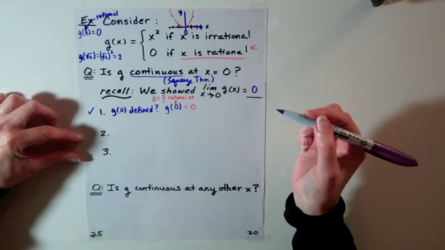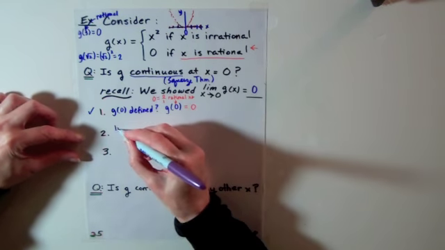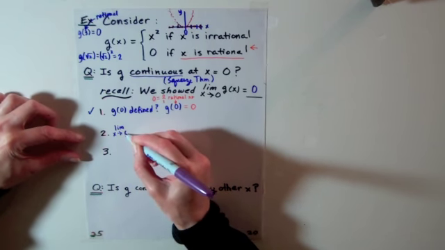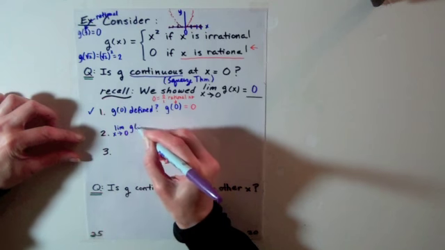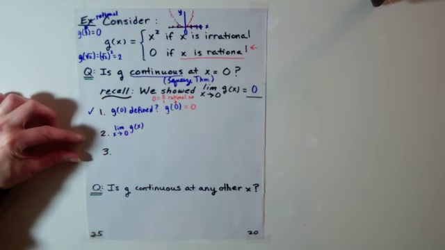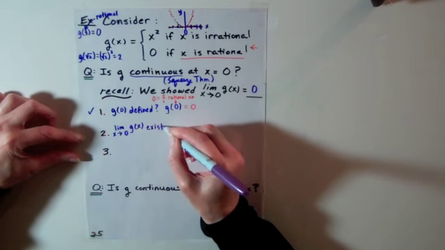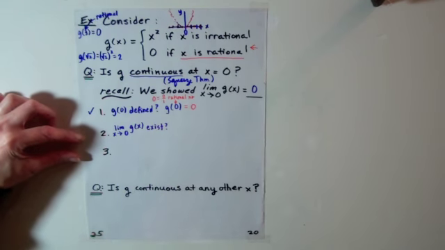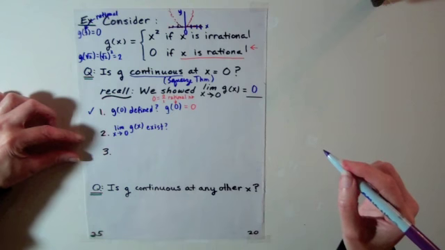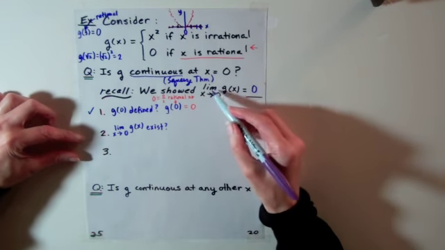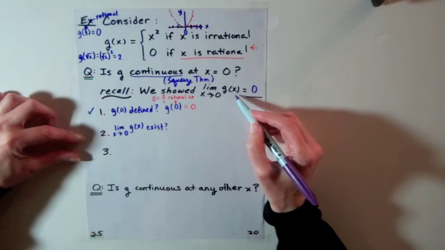Let's remember the second condition in our definition, which is that the limit as x approaches 0 from both directions of g of x must exist. So we're wondering, does this limit exist? Well, it does. That's exactly what we proved at the end of the last video. We showed using the squeeze theorem that the limit as x approaches 0 of g of x is equal to 0.